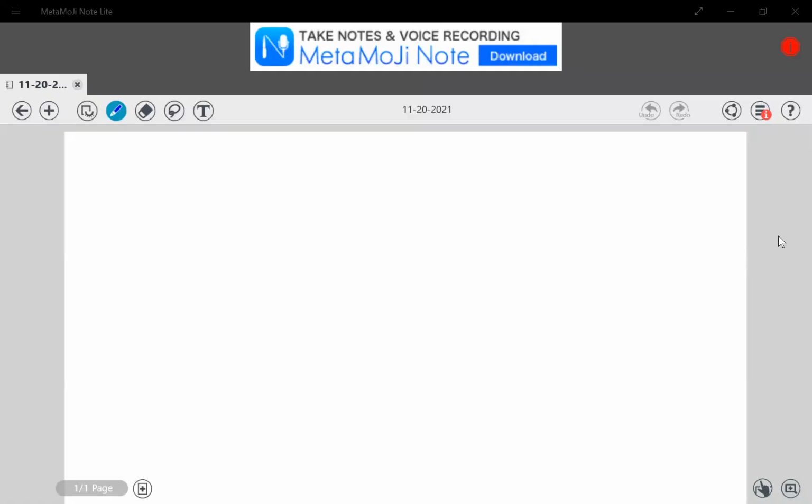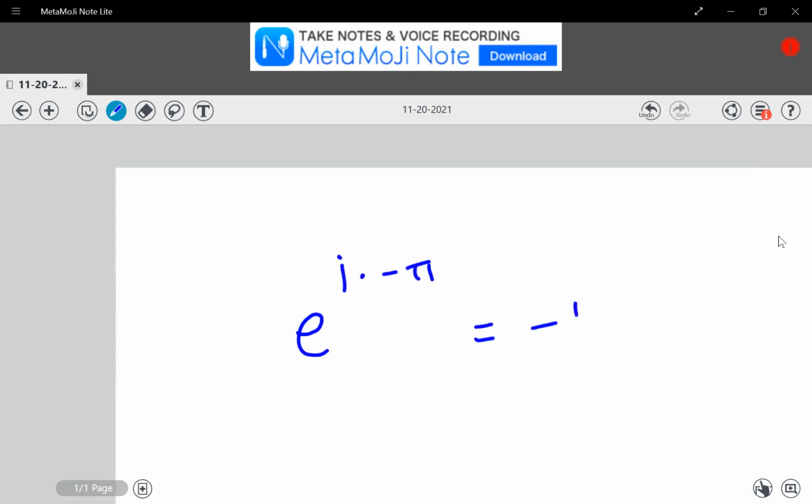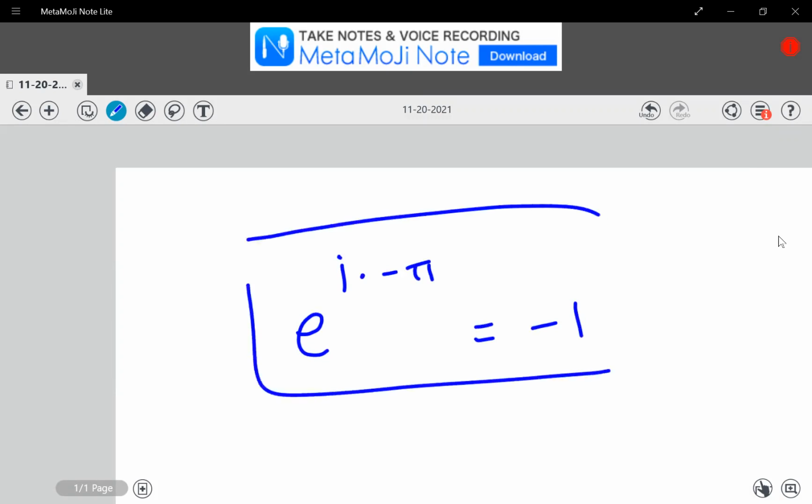All right, so another quick important relationship is the Euler formula relation to -1. And that's just that e to the power of i times negative pi is equal to -1. This is just a relationship you should keep in mind.